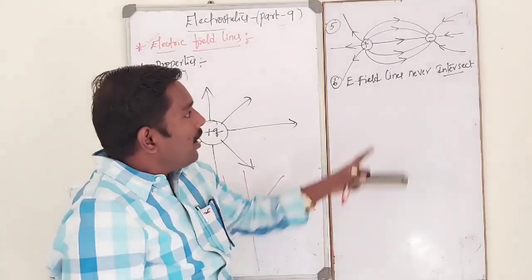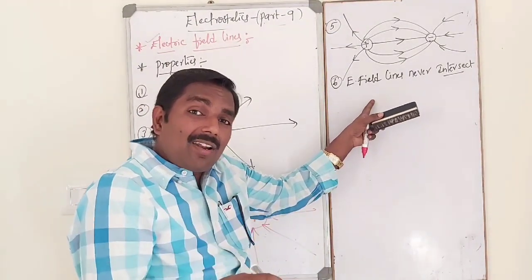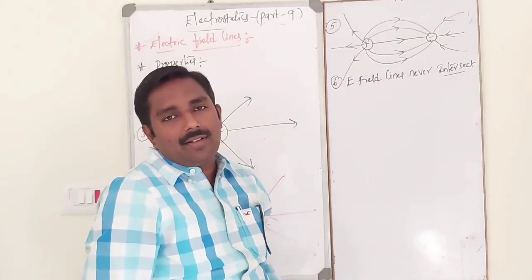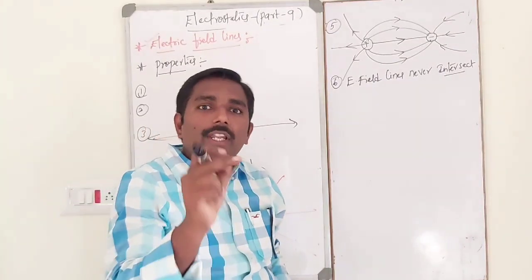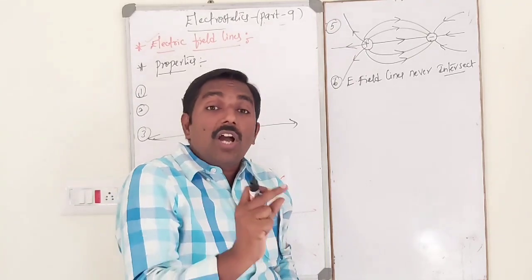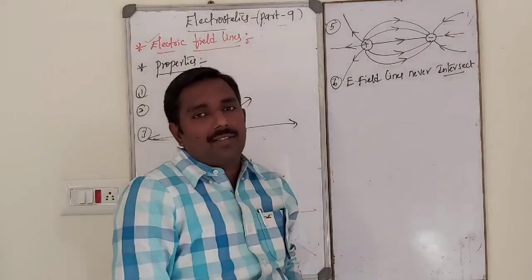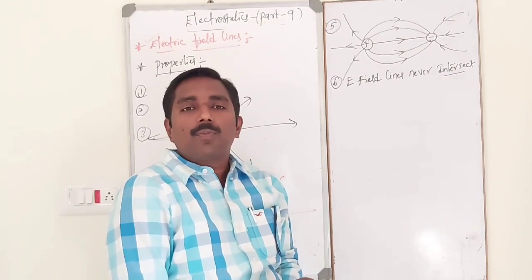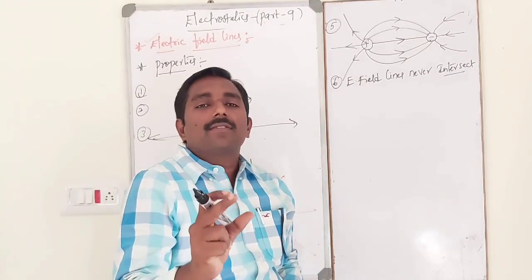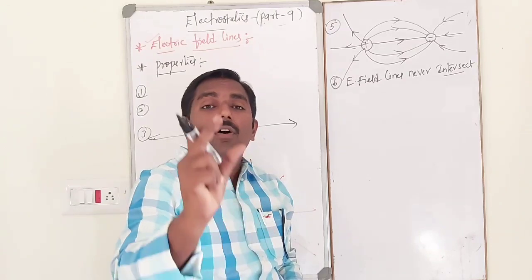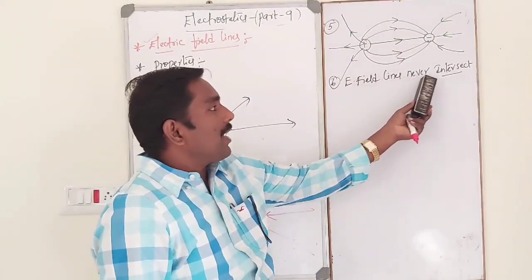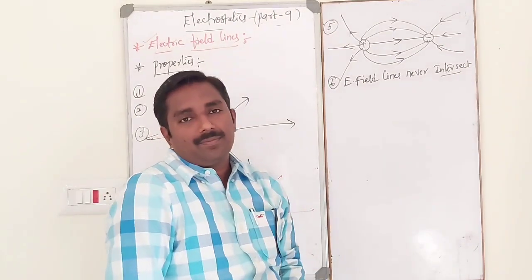Suppose two electric field lines intersect, that is, cross each other. Then the electric field would have two directions, that is, charge would flow in two ways. That is not possible. The direction of the electric field is always a single direction, so electric field lines never intersect.